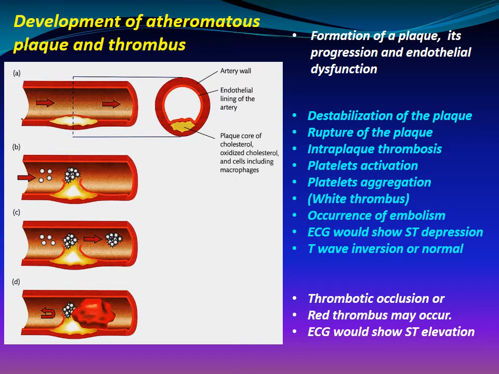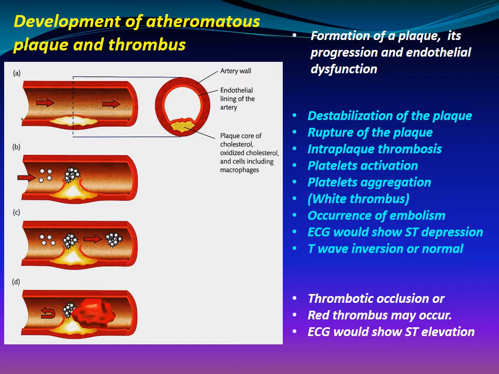The subsequent events are shown in Figures B and C. These are destabilization of the plaque, rupture of the plaque, intraplaque thrombosis, platelet activation, wide thrombus formation, and occurrence of embolism.